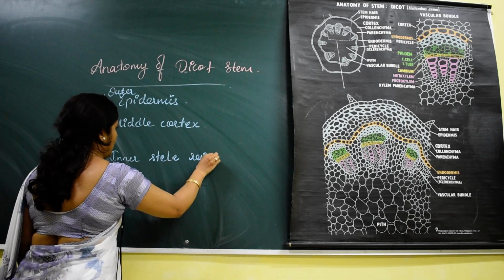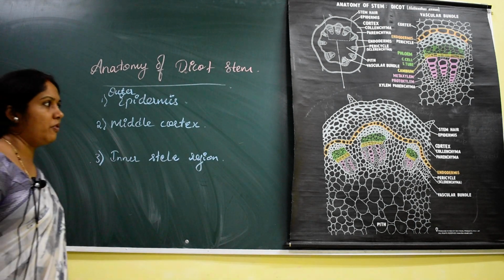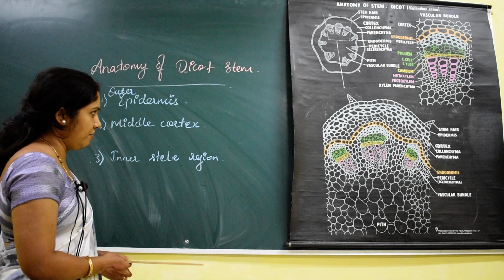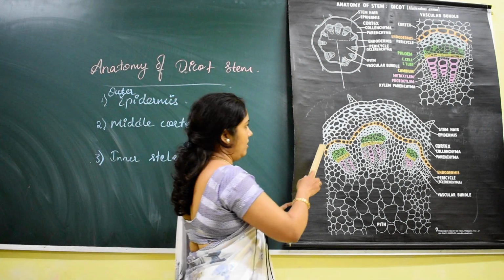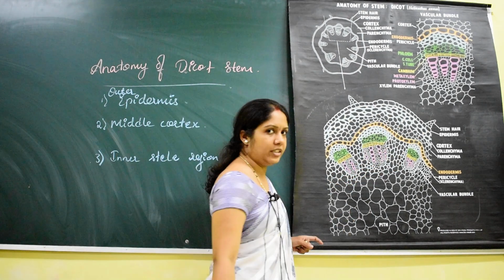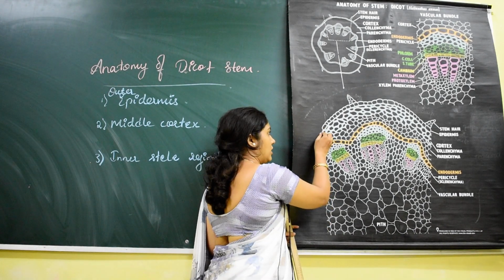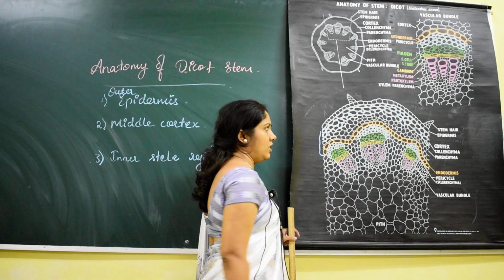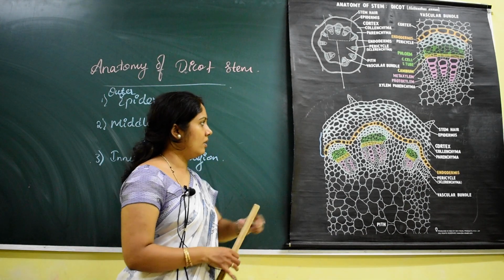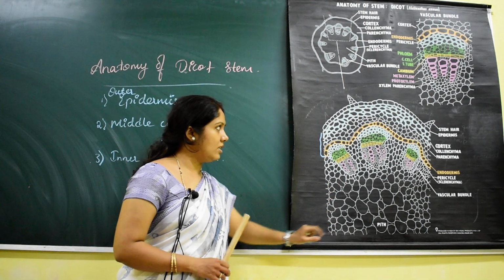These are the three different regions that we can distinguish in a dicot stem. The outer layer is the epidermal region. Next comes up to this yellow region, that is the cortex. Then this entire region is the stellar region.